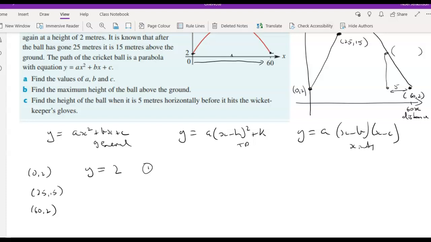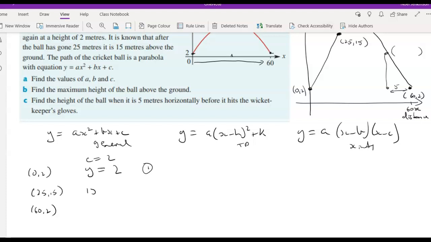Equation 1. That was too easy. If we subbed in 25 and 15, we would get 15. y equals 2, which is also c equals 2. It tells you that c equals 2.